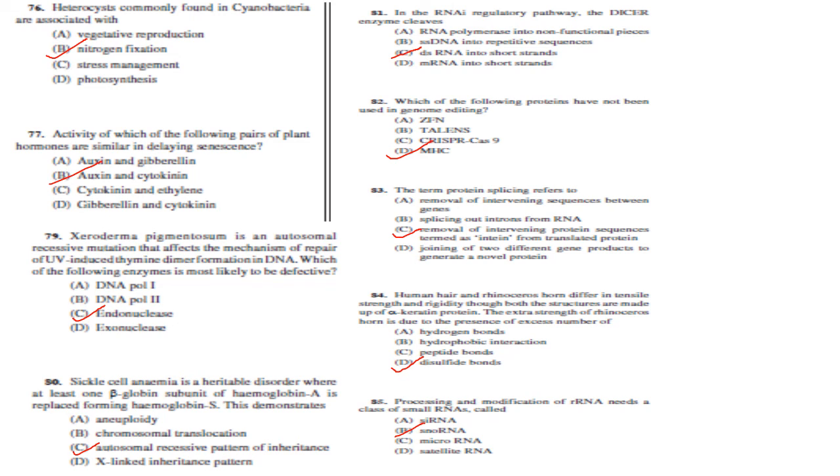So dicer cleaves double-stranded RNA and pre-microRNA and results in the formation of small interfering RNA and microRNA respectively. These small interfering RNA and microRNA are double-stranded. So the answer is that dicer cleaves double-stranded RNA into short strands.